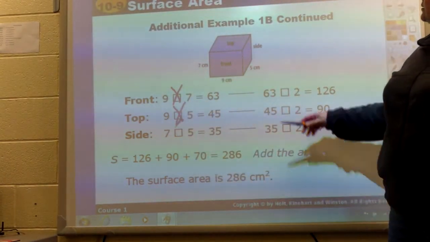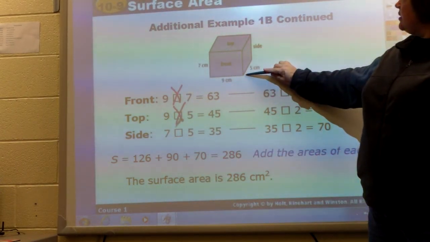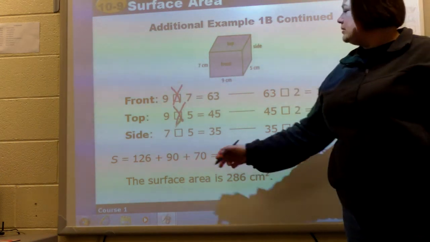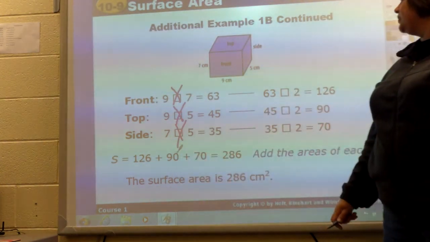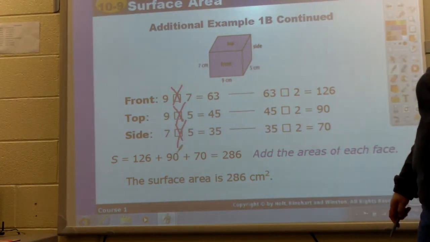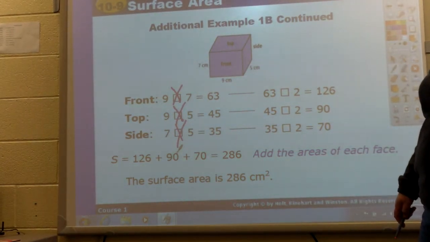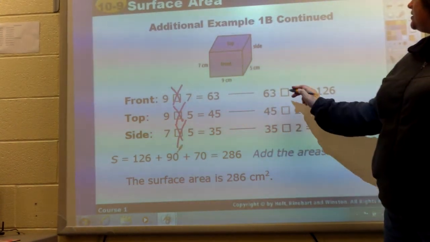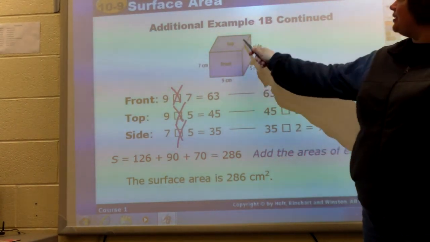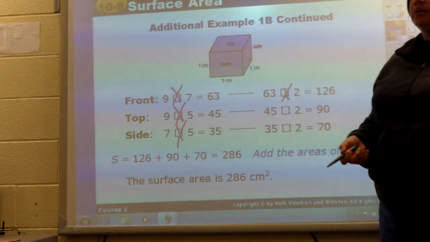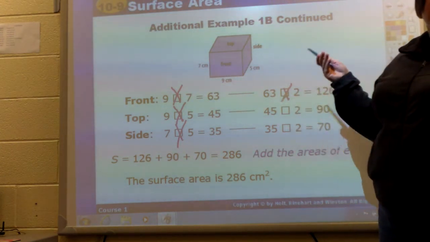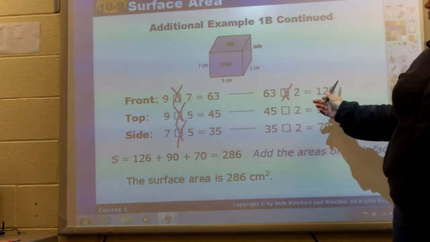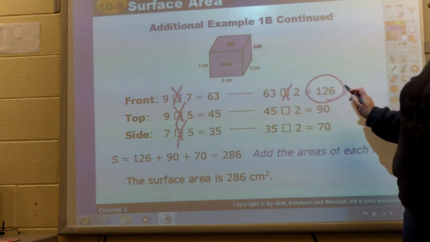The side over here is going to be 5 times 7 is 35. Now, the front is 63. I'm going to do 63 times 2 because the front and the back are going to be the same thing. I mean, you could break it up and do a front and a back, but it's going to be the same as the front. So you can do that times 2 to include the front and the back.